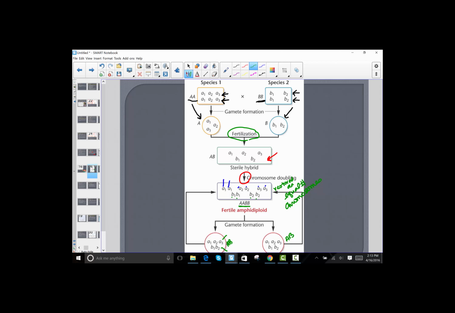So now if these 2 gametes were to meet with each other, you could end up producing a fertile amphidiploid. So if you're thinking about this from a horticultural standpoint and you want to produce individuals that only you can sell, you're probably more interested in this particular individual here, if you are looking to sell a plant every single year, if you have an annual.